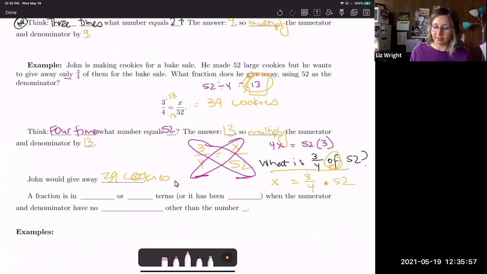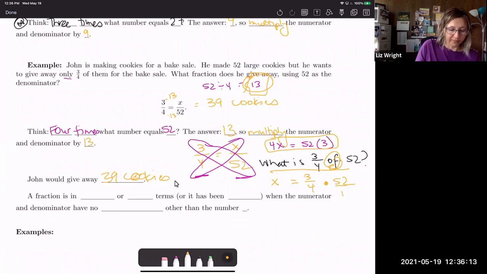And so you're doing the same thing. So you're multiplying 52 times 3 and you divide it by 4. Well, that should look exactly like what we just did with this process as well. So there's lots of ways you guys can go about doing these problems.